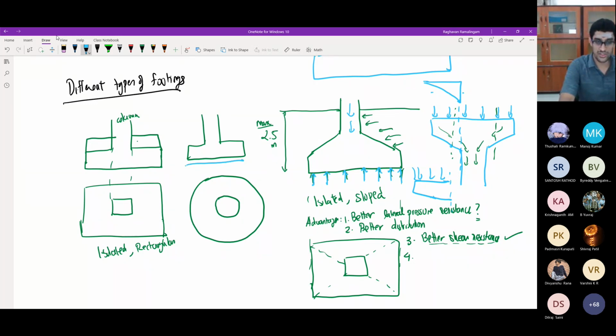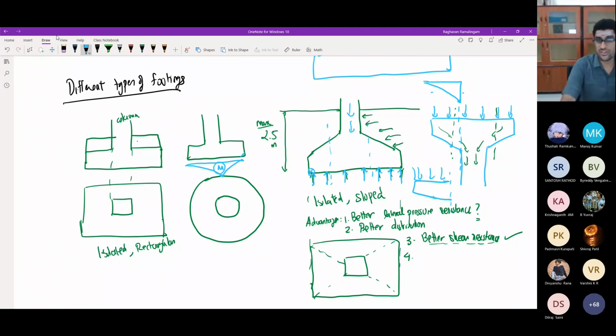You will always tend to have a moment distribution like this, and because here there is zero moment, I do not want the greatest thickness here. I just want a nominally sufficient thickness at this point, but the thickness for the moment that I need, I want it to be present probably at this location.